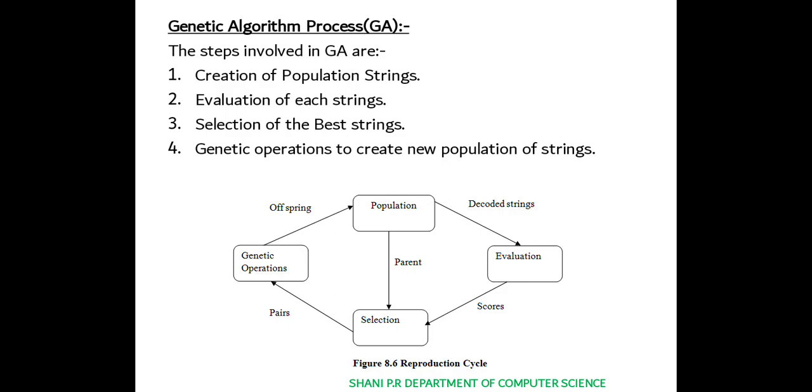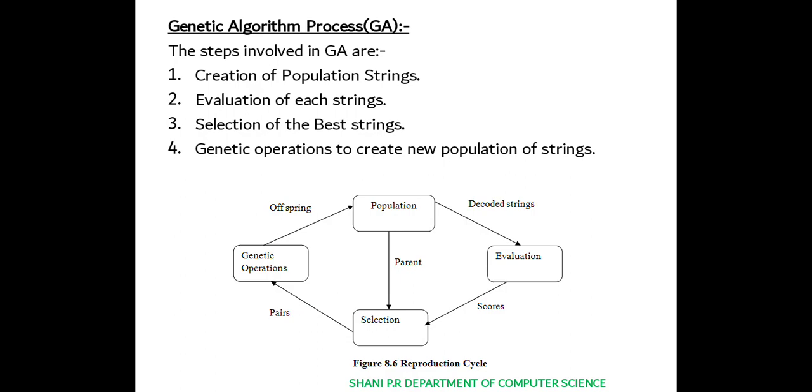After considering the individual elements in the population, they will form into strings, and those strings will be evaluated. After evaluation, if it gets the result, if its criteria are met, then it will stop the fitness or optimization process.